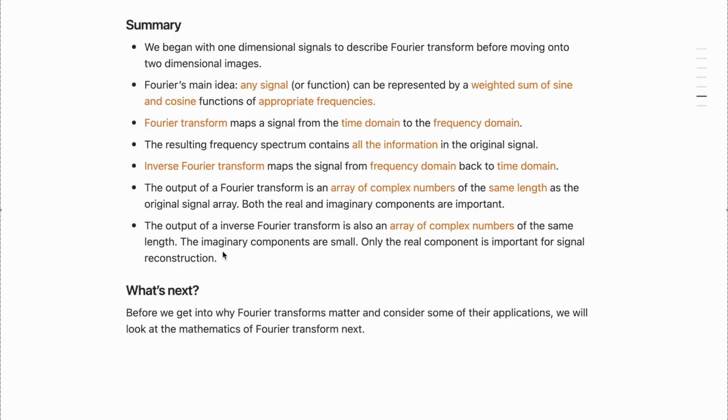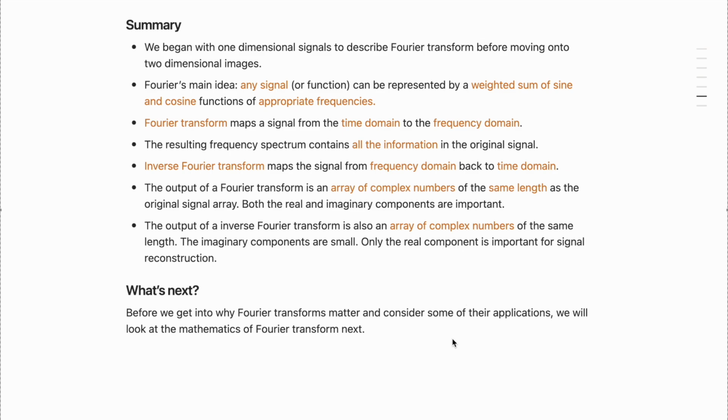And then the output of an inverse Fourier transform also happens to be an array of complex numbers, but this time the imaginary component of each coefficient is small, and we are only really interested in the real component because after all we're dealing in the real world with a real signal that has no imaginary component.